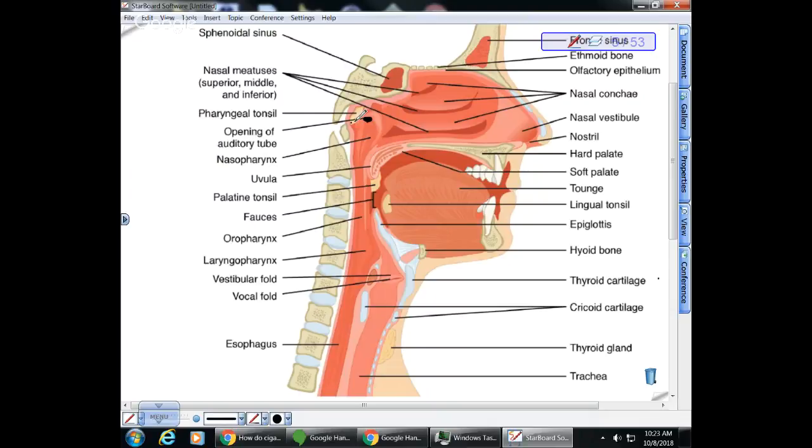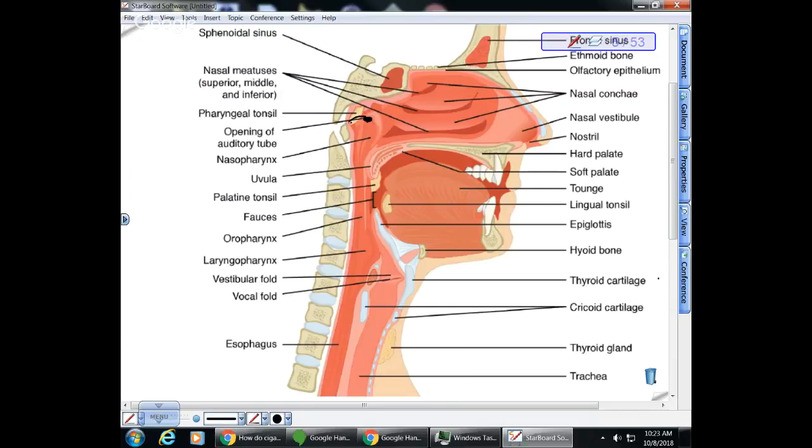Adenoids, right? So your adenoids would be located right up here. Remember that the function of the tonsil is to capture microbes and present them to your leukocytes so that they can learn to identify them, so that if they do become a problem, you can fend them off more quickly, okay?